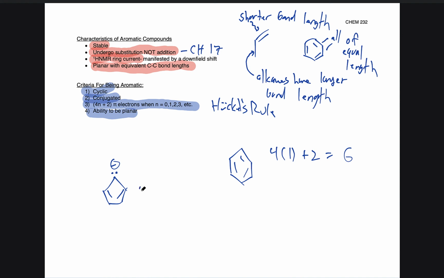We still have our 4n plus 2 rule applying here, where we have 6 electrons. And we know that this atom here is sp2 hybridized because it's conjugated with the rest of the carbons. It's next to these double bonds. It's planar, it's conjugated, has 4n plus 2 electrons. This compound is also aromatic.